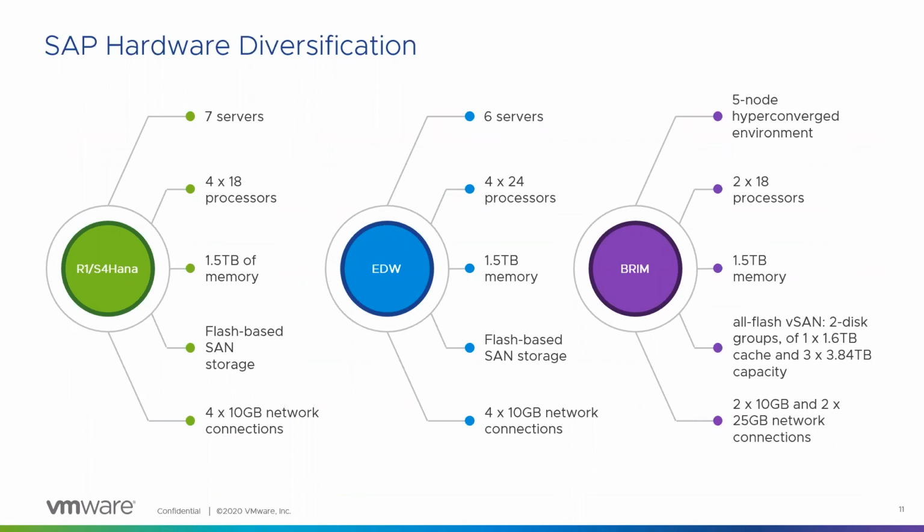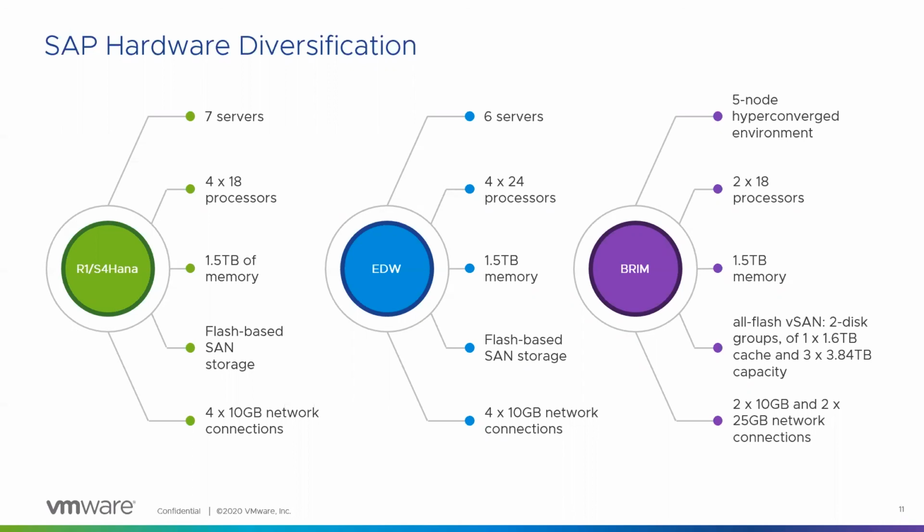Sure. This slide basically shows that when it comes to hardware, you have an option. As long as it's SAP certified hardware, you have a lot of choices. In our case, if you look at all 3 deployments from S4 HANA to EDW to BRIM, we've been changing our hardware as we go.